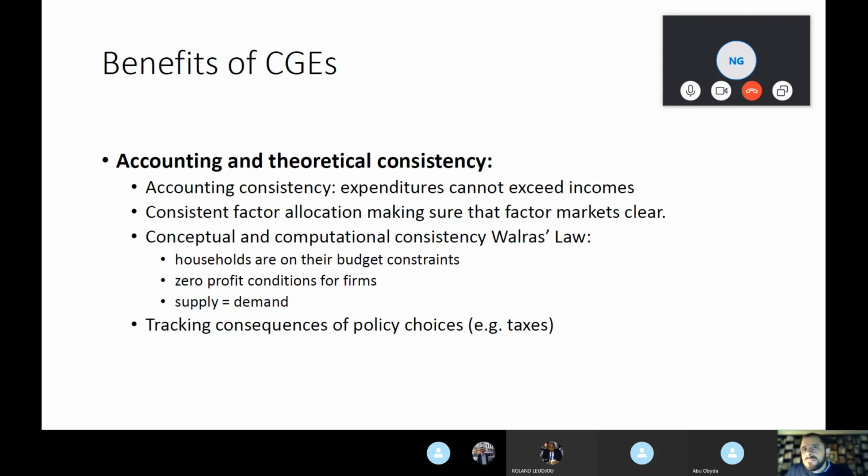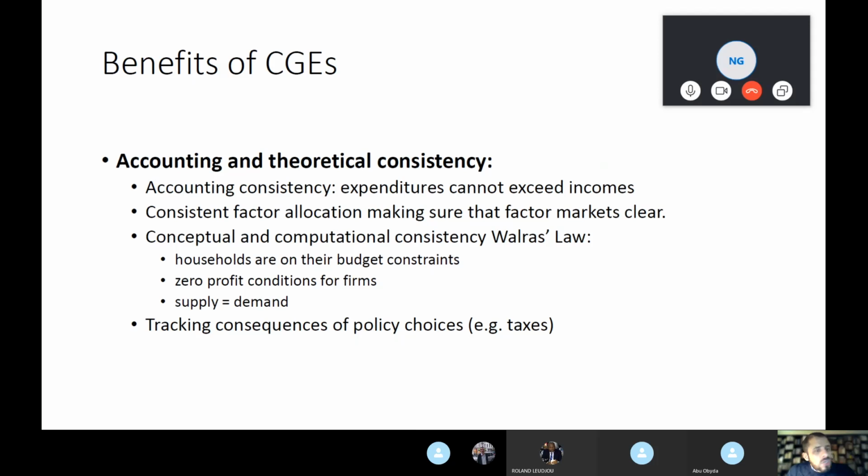And this might be a little bit of a superficial critique, because once we really understand well the theory behind CGEs and how we can use data in CGEs, they will definitely not be a black box. And I'll explain this in detail now.